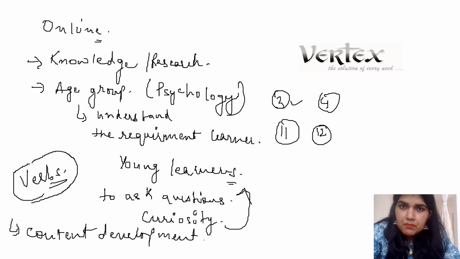It is something you must start inculcating in yourself. When you understand the psychology of the age group of the learner, you are able to develop the right set of content.